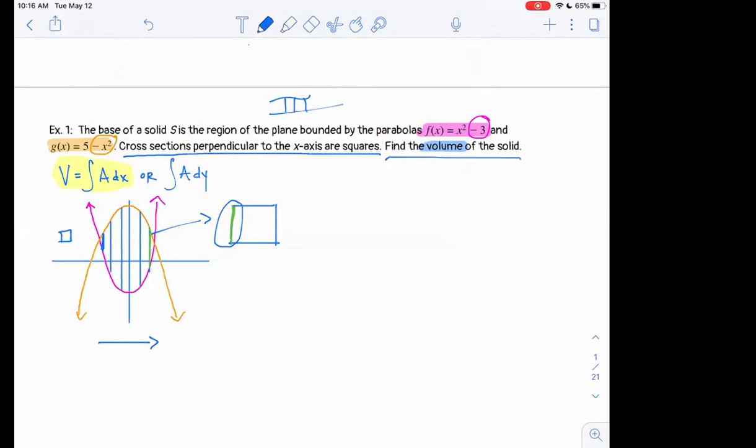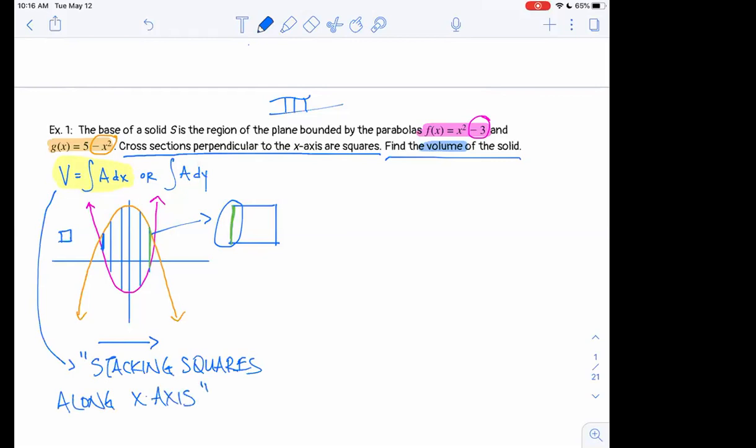Now, one thing I want us to start thinking about is, yes, it's perpendicular to the x-axis, but another way to think of this is we are stacking our squares along the x-axis, okay?